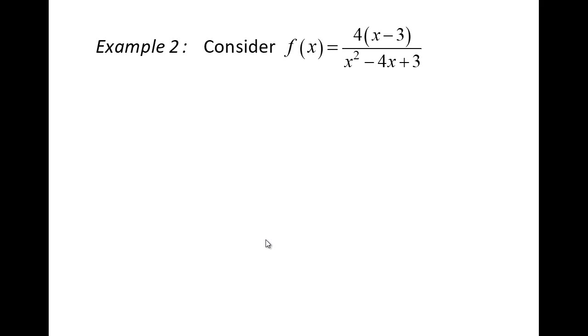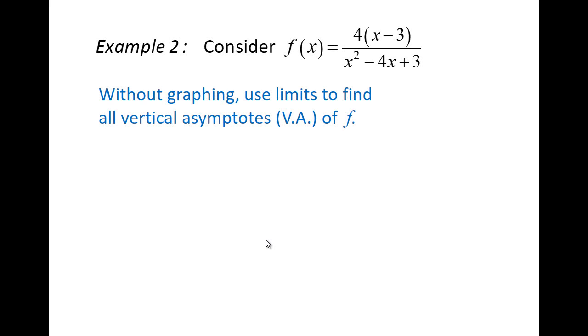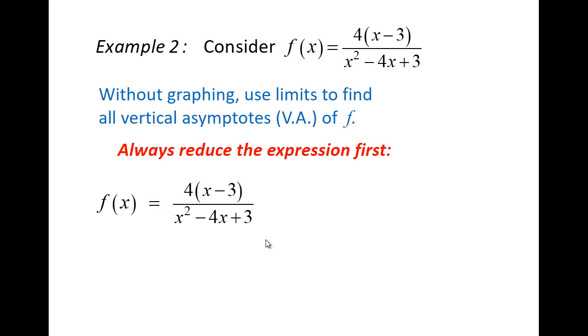Well, let's factor the numerator and the denominator. If I factor them, then we see that x minus 3 is a common factor. So we should cancel that out, and then we get 4 over x minus 1.